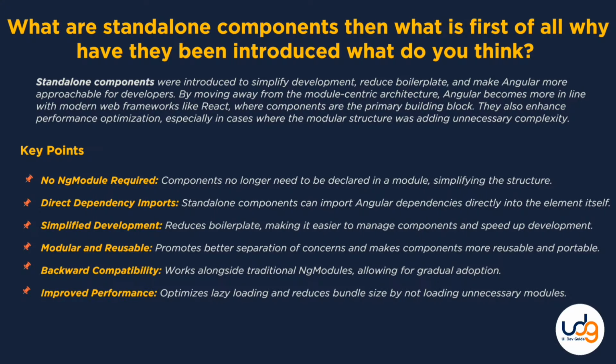First, what is a standalone component? What is the use of that, and why has it been introduced? What do you think? So first of all, a standalone component won't be part of any module. It will be separate, and we can reuse it anywhere in our application. The main advantage, I would say, is that in NgModule we provide all the services, the providers.